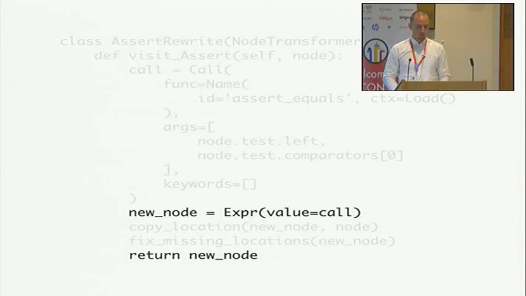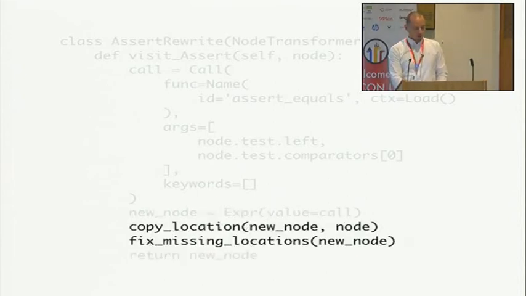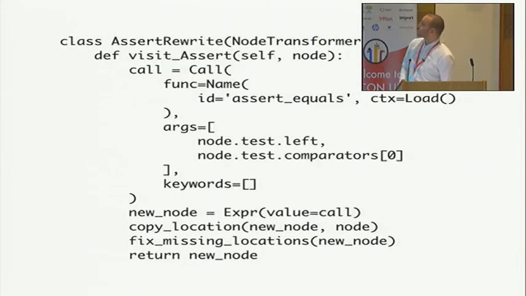Next, in Python, the syntax says that if you have a lone function call on a line, that's an expression, so we need to wrap it in an Expr node and do some bookkeeping to say that this call happened exactly at the line where the assertion statement was. All right, and that's the complete code, and you can see everything.